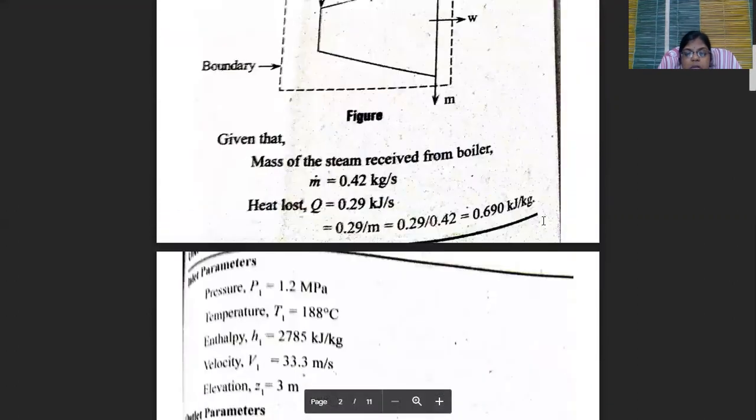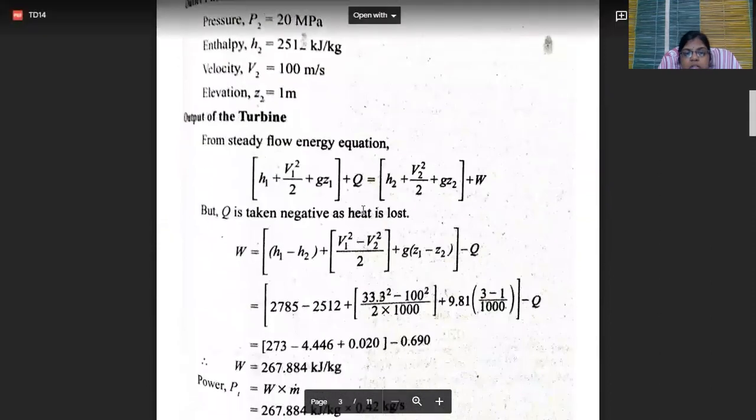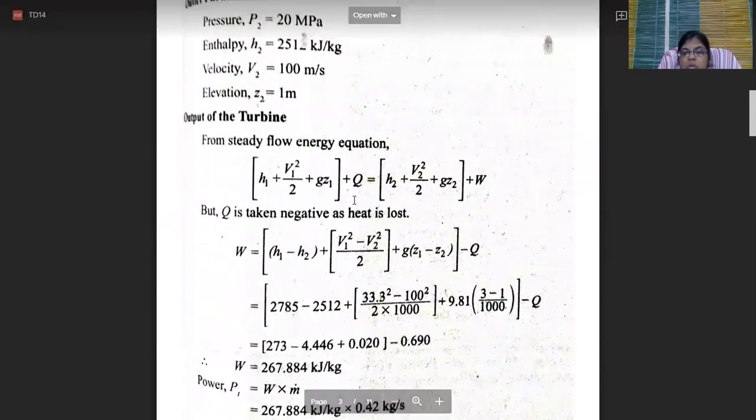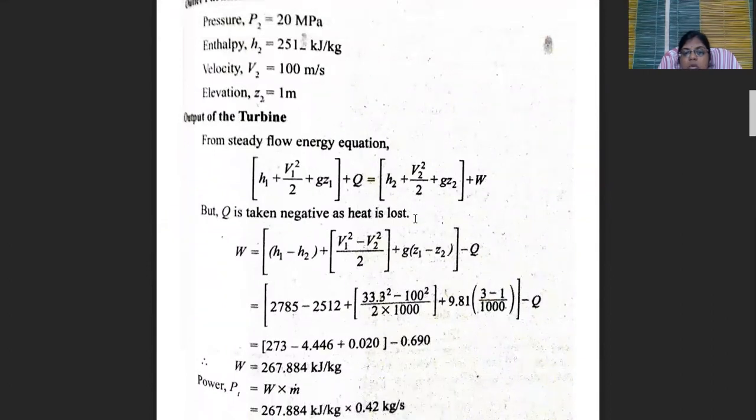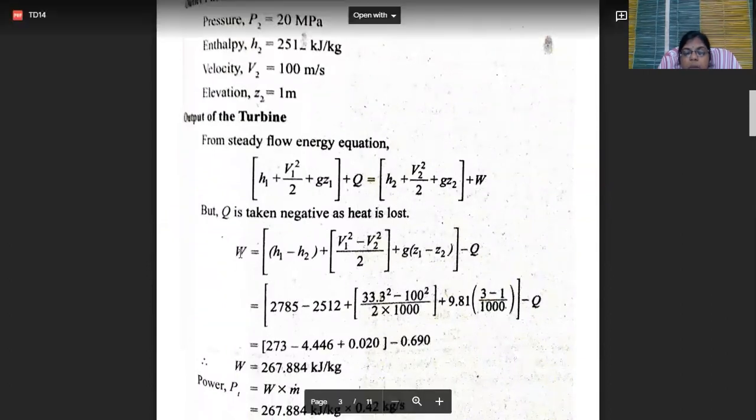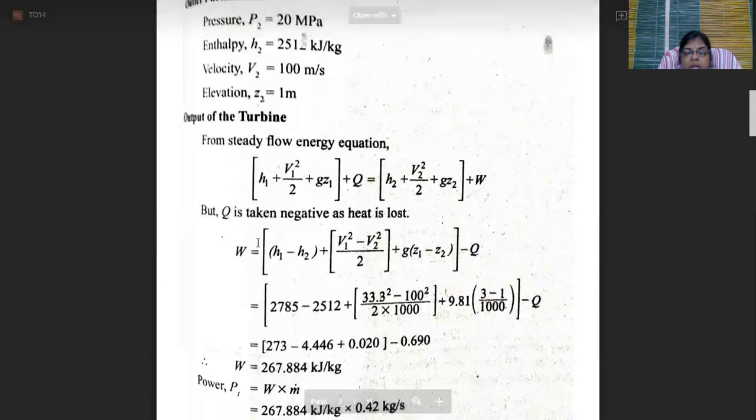So this is the equation for steady flow, and depending upon it we solve the problem.